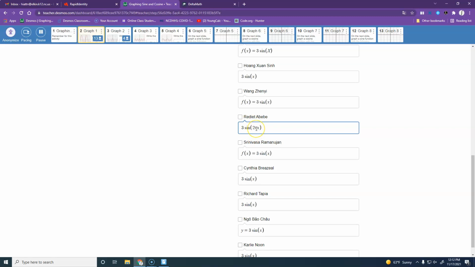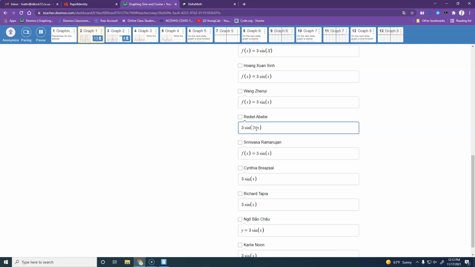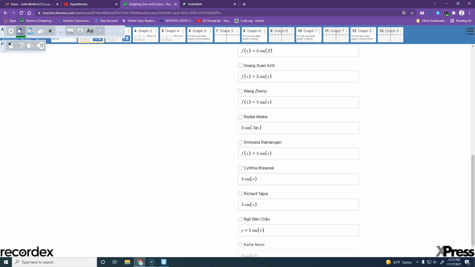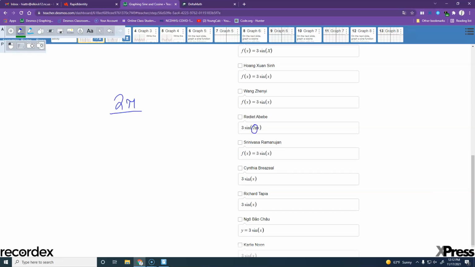Radiat has a 2 pi right there next to the x. Okay, why do you think they put it there? Because that is the period of the graph, right? But for period on a graph, it is 2 pi divided by the number in front of the x.